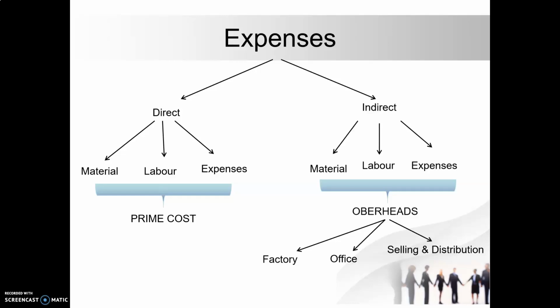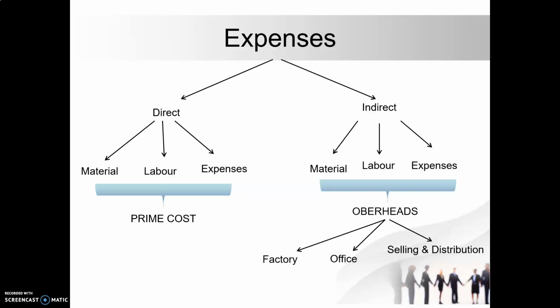So these overheads which are indirect in nature, they are of three types: factory, office and selling and distribution. That's it. Factory: all the expenses which are not direct will go under factory overheads. Office: you know what are office expenses: salary, printing and stationery, accounts keeping, audit fees, director fees.